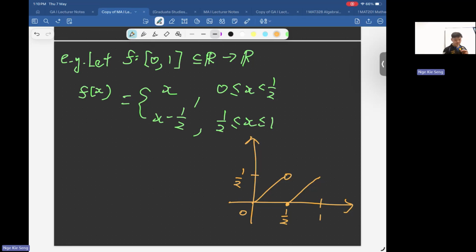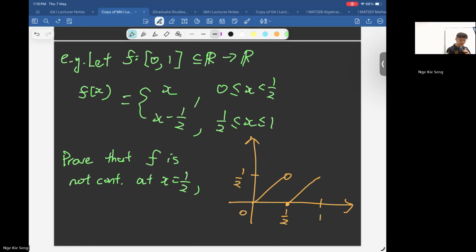Yesterday we proved that f is not continuous at x equals half. Now we're going to prove that it is continuous everywhere other than half.